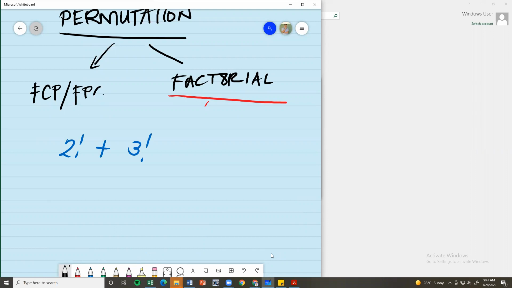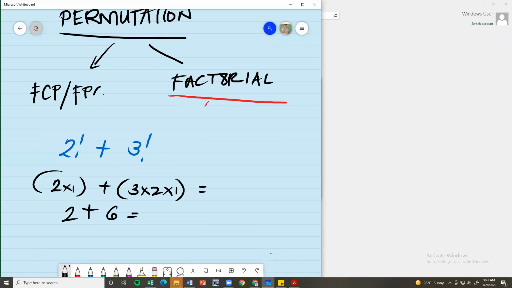This was already discussed a while ago in the waiting video. This is 2 times 1 plus 3 times 2 times 1. The answer here will be 2 plus 6. It's 8. Pressing it in your calculator, you will arrive at the same answer. Try nyo nga.